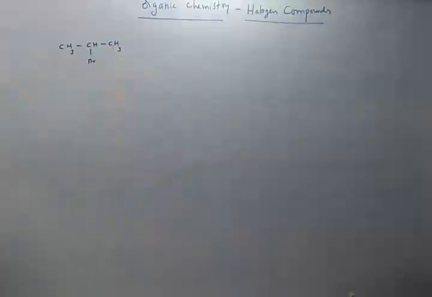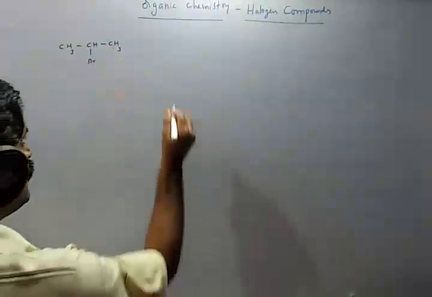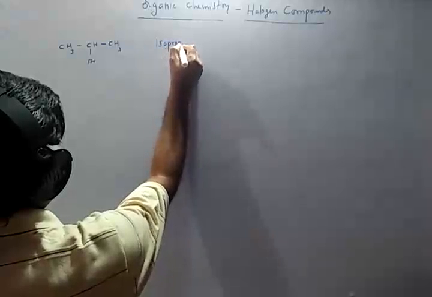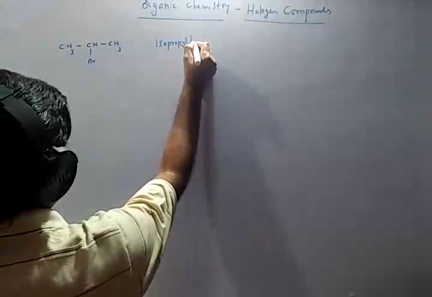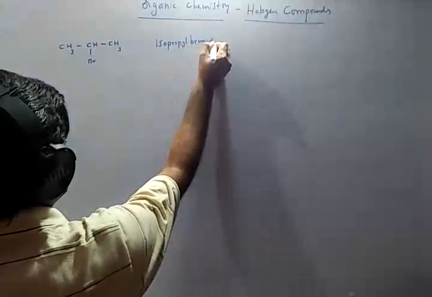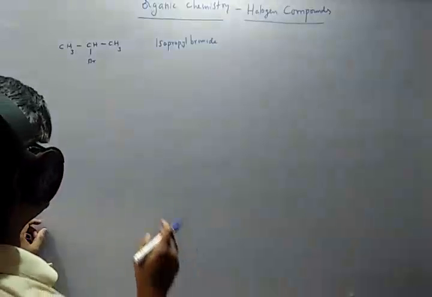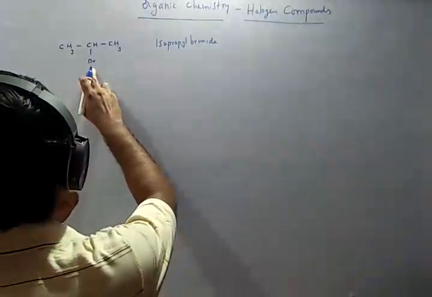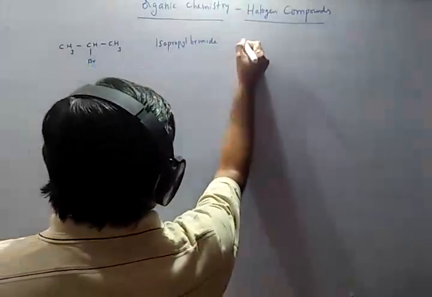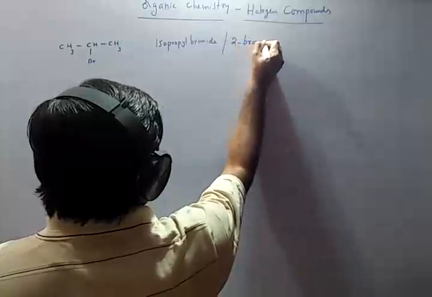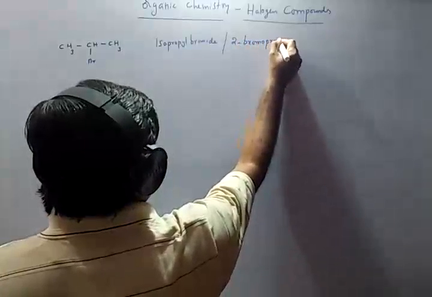As per the common nomenclature, it is called isopropyl bromide. As you know, as per the IUPAC nomenclature, it is called 2-bromopropane.